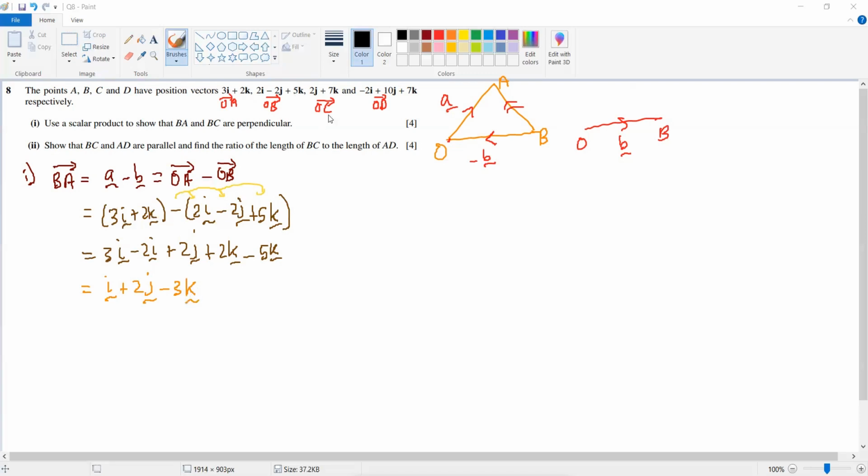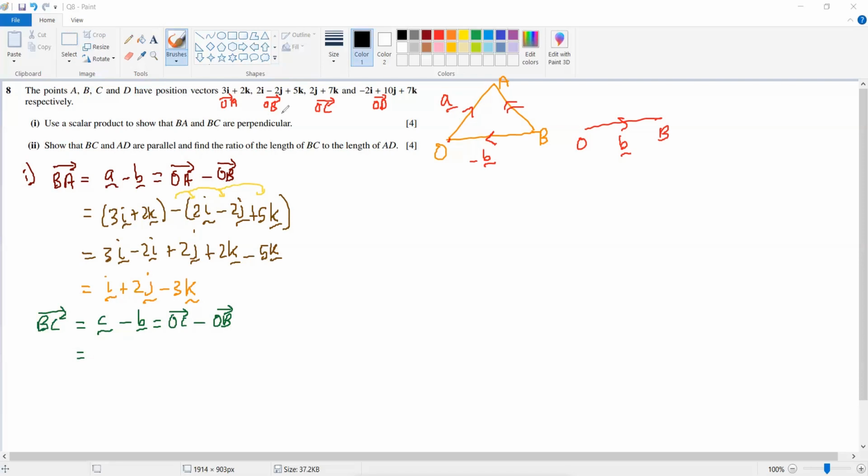Okay, let's do the same for BC, because we want BA and BC. In this case, it will be C from the right minus B. So we know the shortcut already, which is equivalent to OC, the position vector of C, minus OB. Okay, let's look at OC from the list.